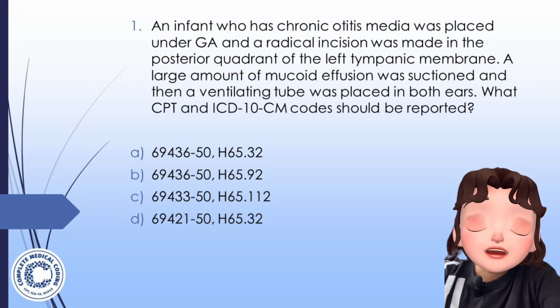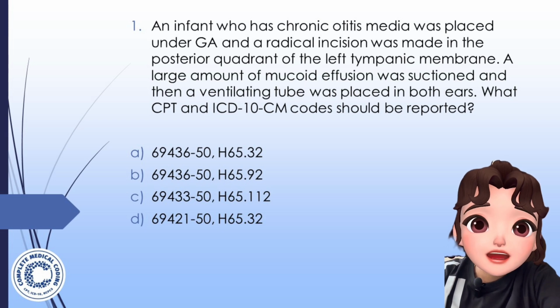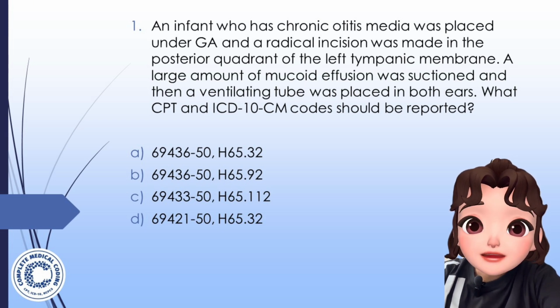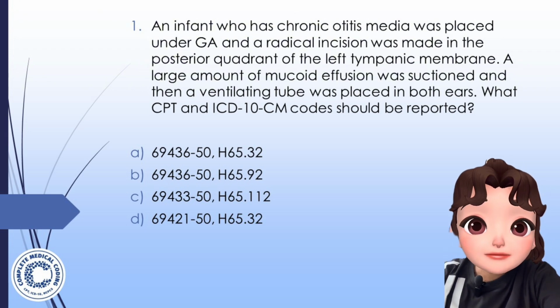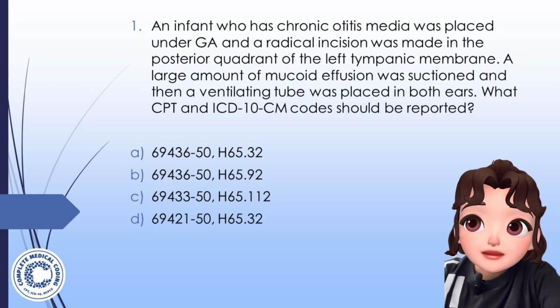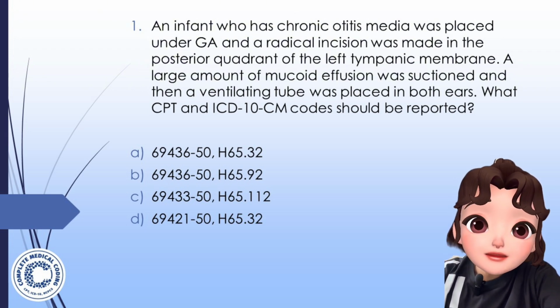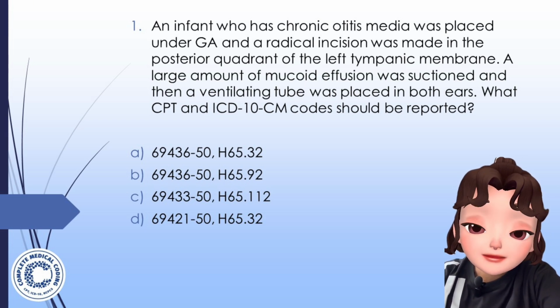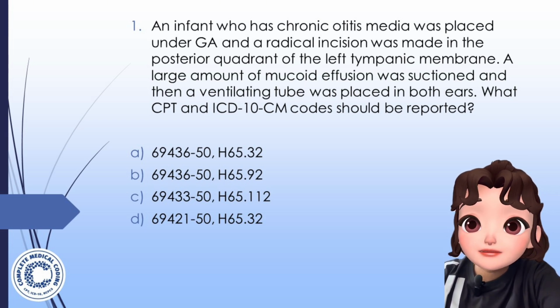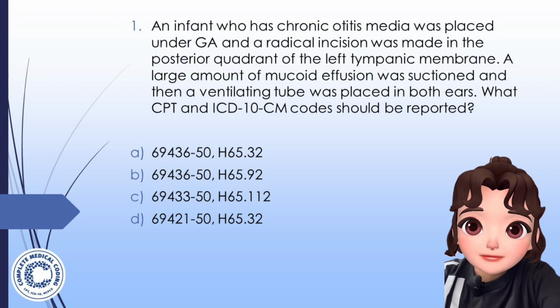So it means the diagnosis mentioned here is of the left ear. Chronic otitis media of the left ear. But the procedure was done for both the ears. Which procedure? Mucoid effusion was suctioned, from both the ears.